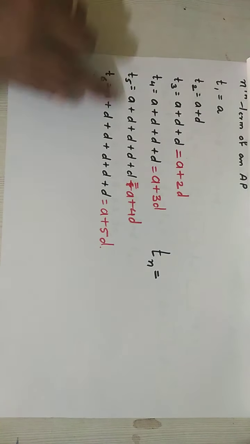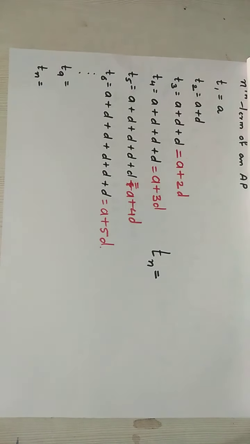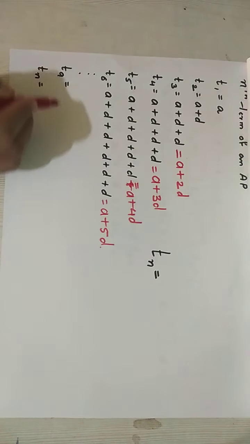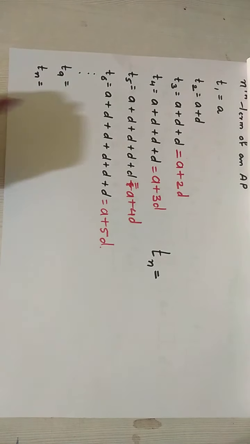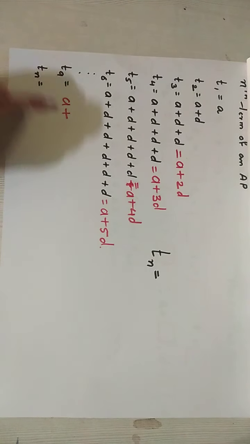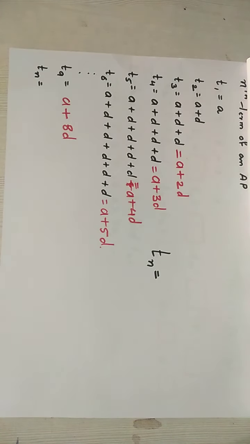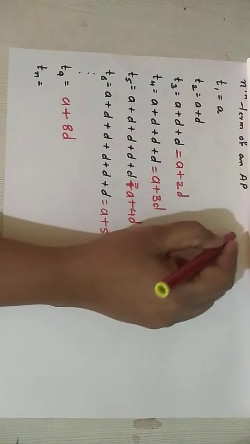If it is 5th term, you have 4. If it is 4th term, you have 3. So similarly, just try making a guess for T9. T9 will be A plus one number less than 9, 8D. This will be T9. A plus 8D. So you can keep on guessing now what will be T15.